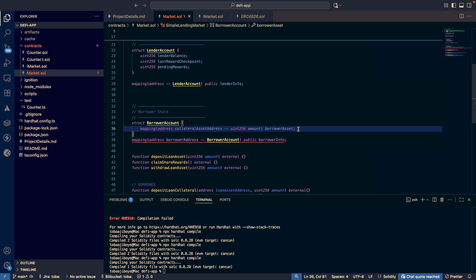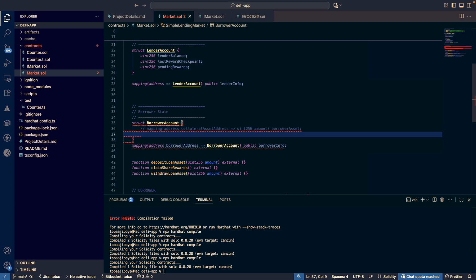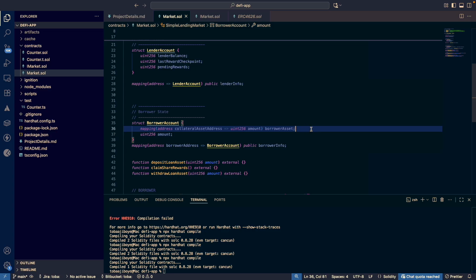Let me do something. uint256 amount. I think I understand what might be wrong. It's the mapping format that is wrong. Oh, apparently you can't have only a mapping.